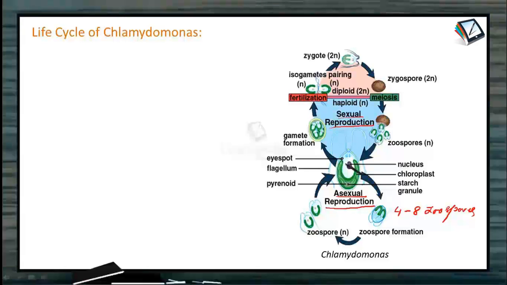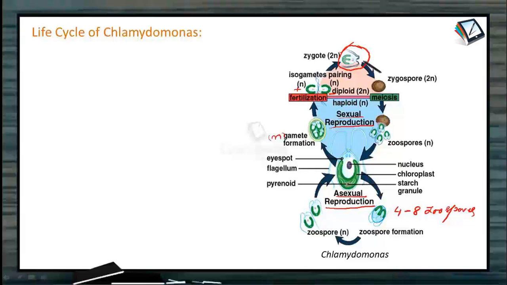See the sexual reproduction. So in sexual reproduction, the protoplast divides and the gametes are produced. These gametes are haploid in nature, and the gametes fuse with each other. One we call plus, another we call minus. When they fuse, they produce a diploid zygote. The zygote is the only diploid state in the life cycle of Chlamydomonas.